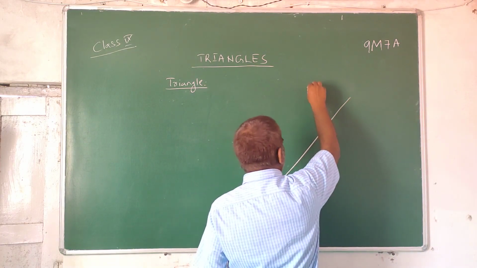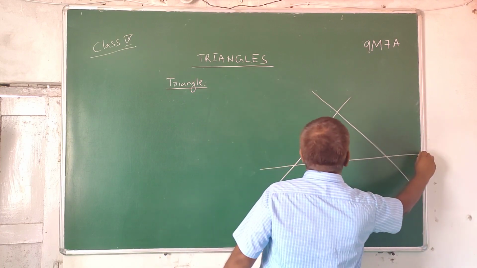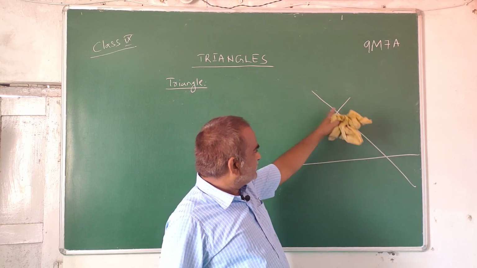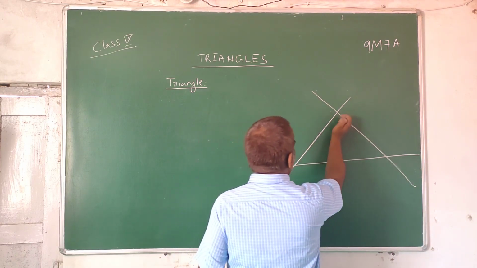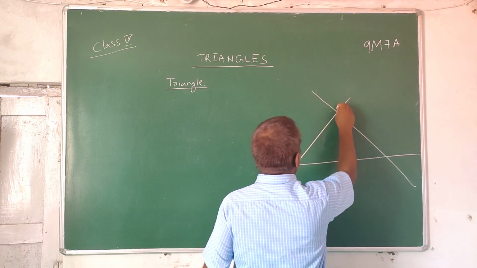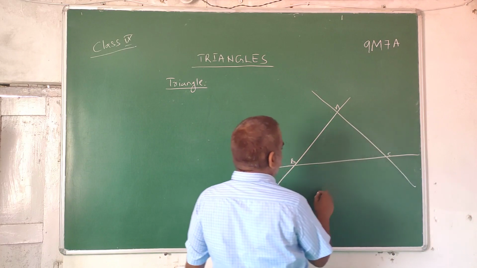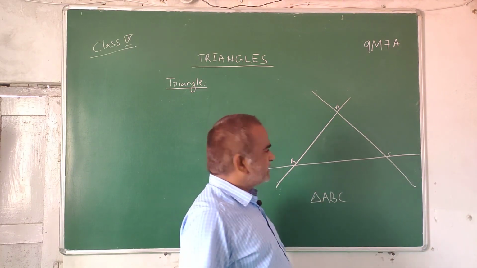See, this is a line, this is another line which is intersecting this line, and this is another line which is intersecting the two lines. So these are three intersecting lines. This is a closed figure formed by these three intersecting lines. So this is called a triangle, and you write it as triangle ABC. Did you understand?